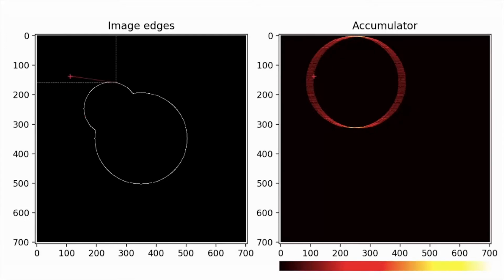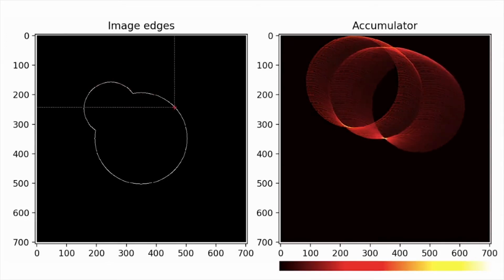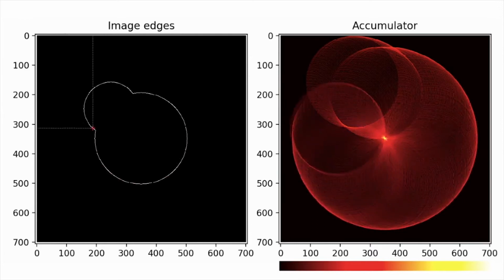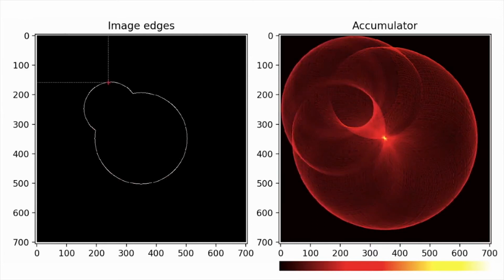In the places where several circles will be drawn, they will highlight the places where the circle centers will appear.